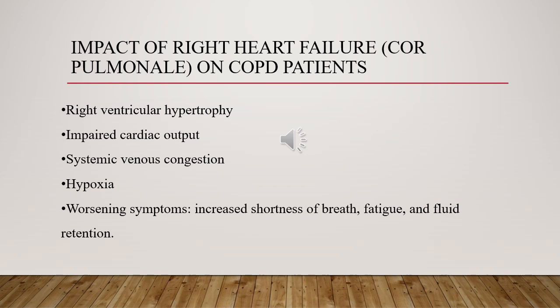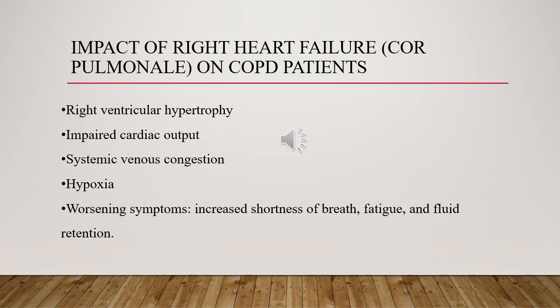Systemic venous congestion becomes a hallmark feature of right heart failure, manifesting as swelling in the legs, abdomen, meaning ascites, and neck jugular venous distension. This congestion is due to the backflow of blood, which increases pressure in the veins. Hypoxia, or low oxygen level, worsens as the right heart fails to pump efficiently, further contributing to shortness of breath.